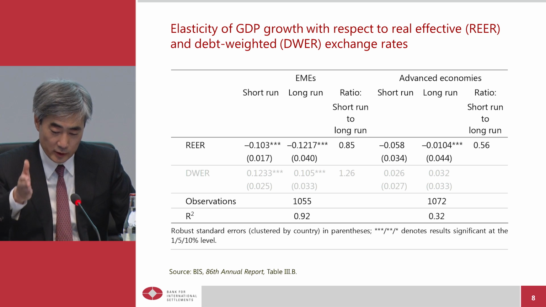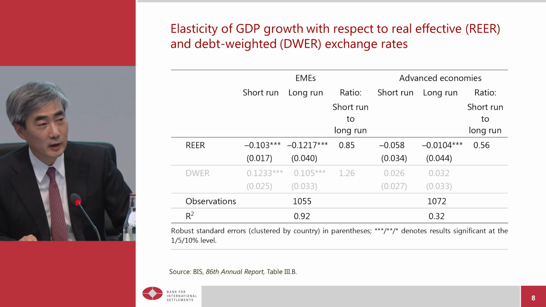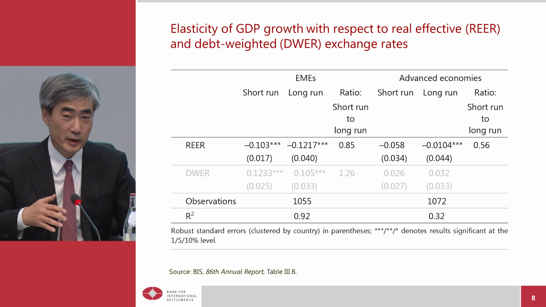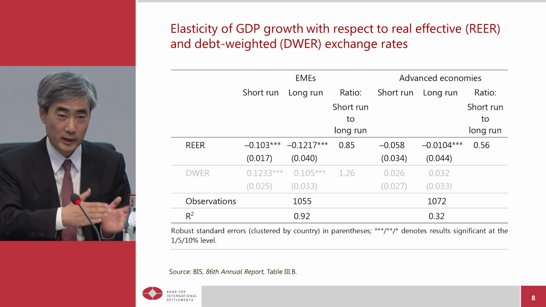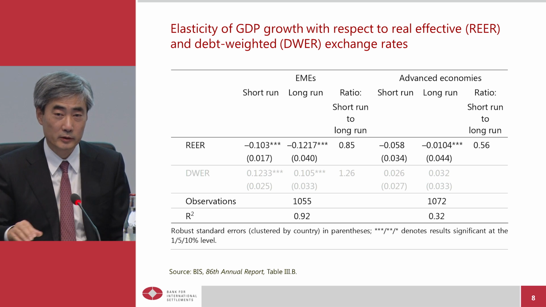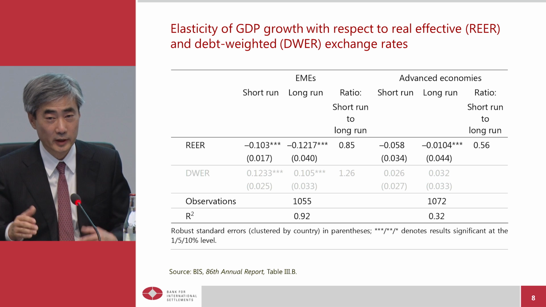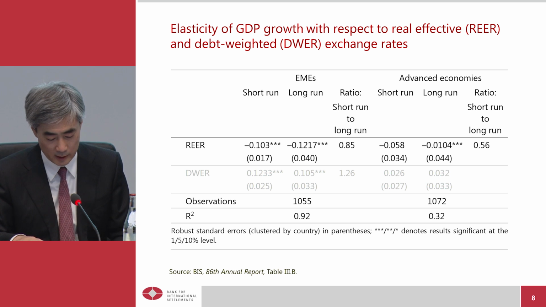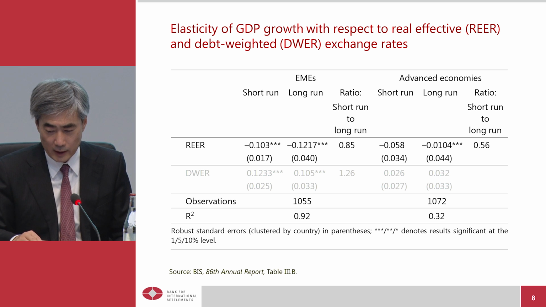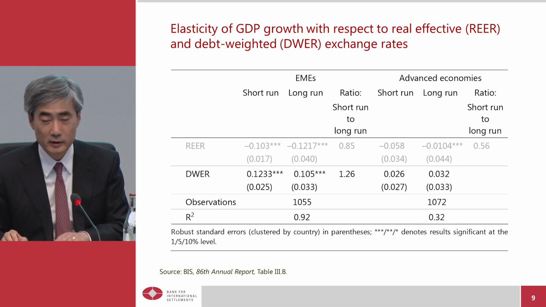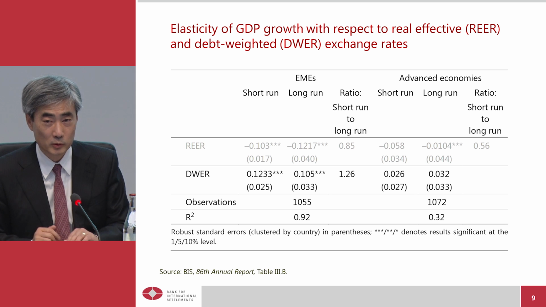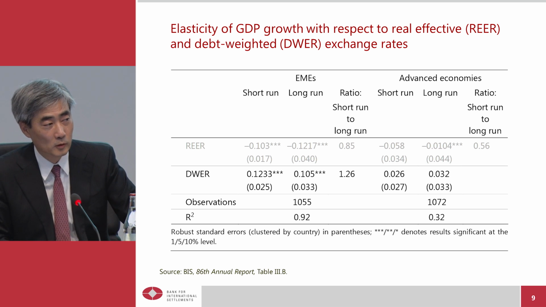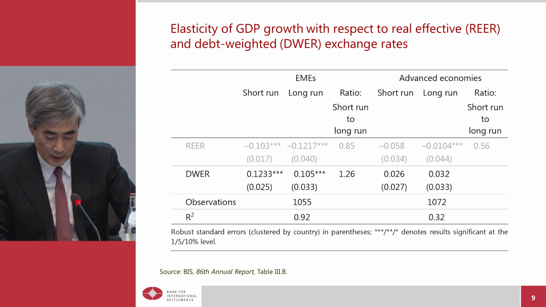And what we see is that the coefficient on the exchange rate variable is negative, which is to say, when the exchange rate in trade-weighted terms appreciates, this has a contractionary effect on output, which is the standard textbook channel. That's the Mundell-Fleming channel. But if we look at the second row, which is our second exchange rate variable, the DWER stands for the debt-weighted exchange rate.